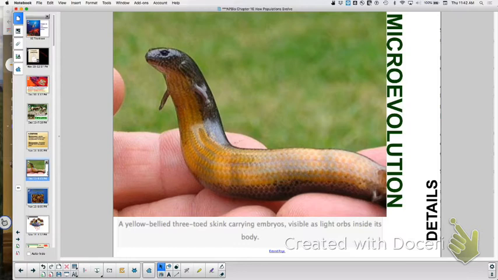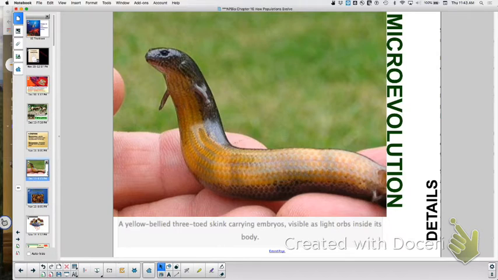A population is a group of single species living together in the same geographical area. Individuals do not evolve. Make sure you make that bold. Individuals do not evolve. Specifically, it's a change in allele frequencies in a population over time.